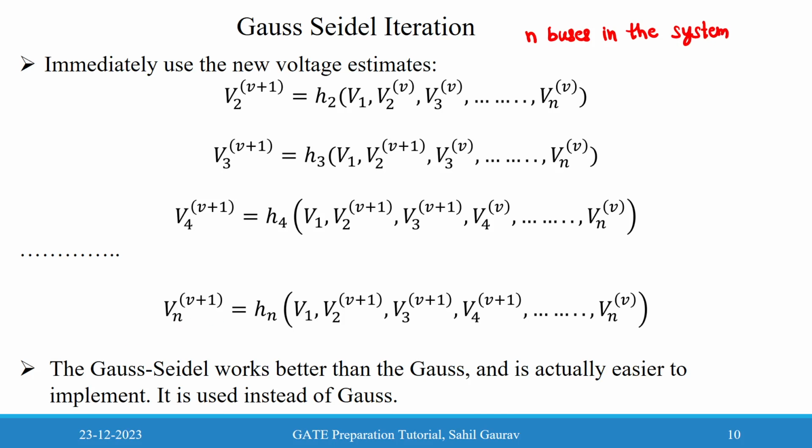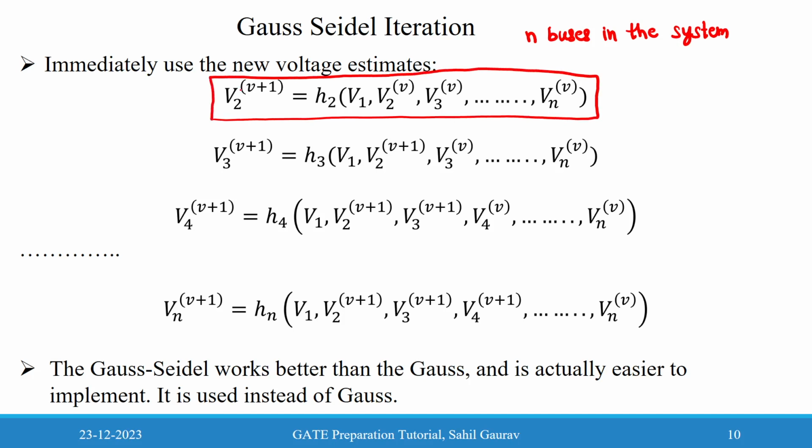So we are finding the voltage at buses 2, 3, 4 up to n. For finding the voltage V2, you will apply this Gauss iteration method, right? So all the values we have considered, we have to take in this expression, right? So all values are previous values. Now you got the updated value of V2.